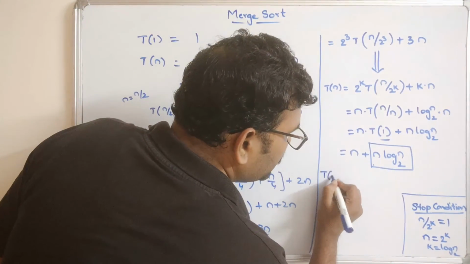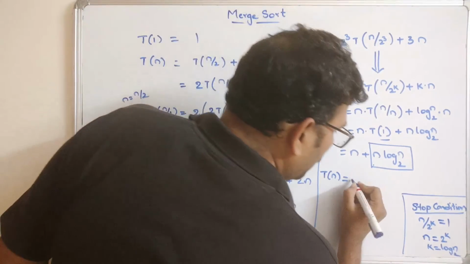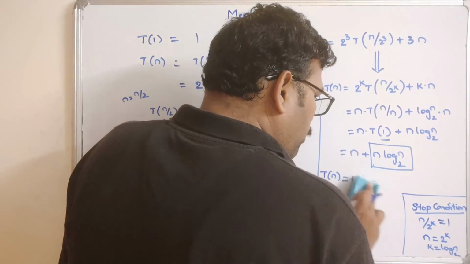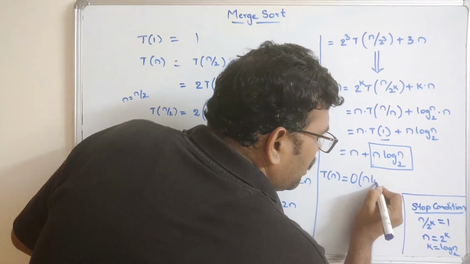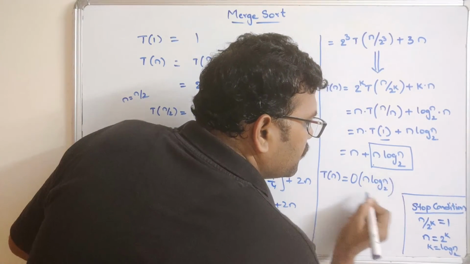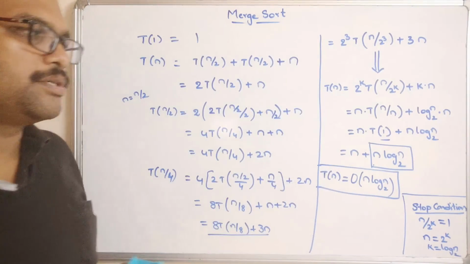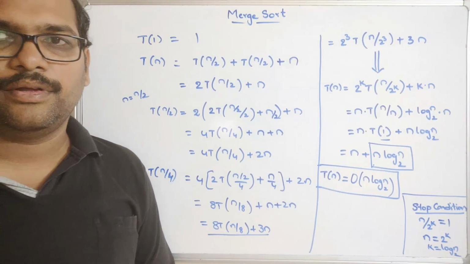So the worst case or average case time complexity for the method will be n into log n. That means we have to write it using the asymptotic notation, so big O of n log n. So this is the time complexity for the method, right?